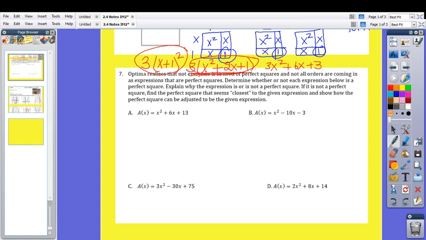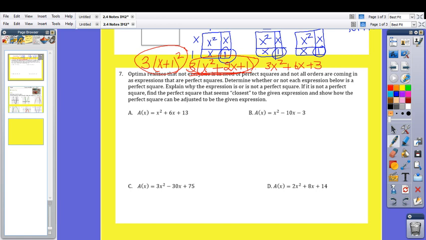So what we need to figure out in this one is basically we are writing these down in vertex form. So we will be completing these squares, and then we will be finding out what the adjustments are that we need to make.